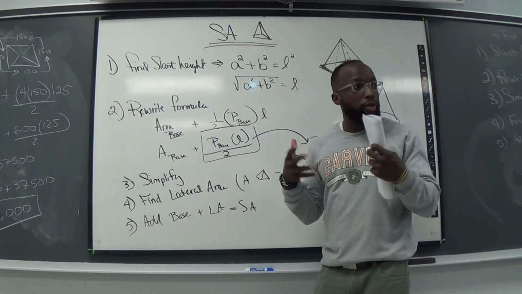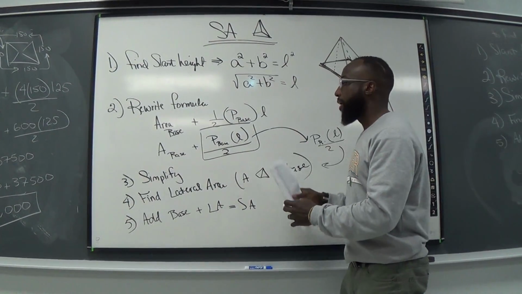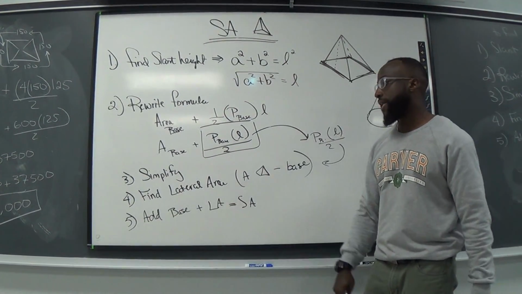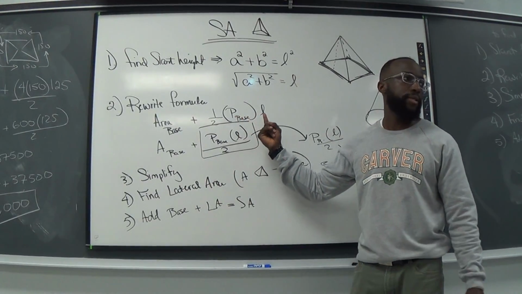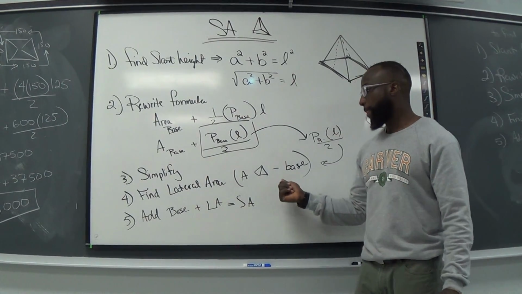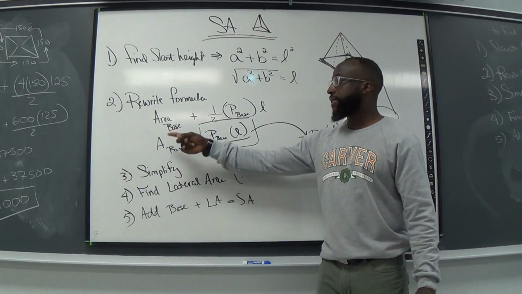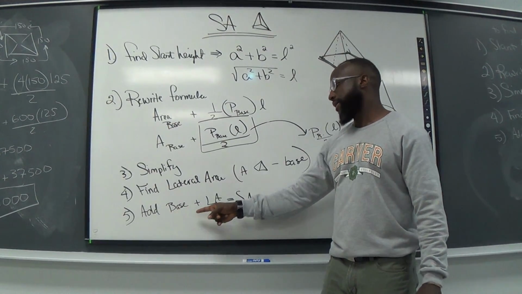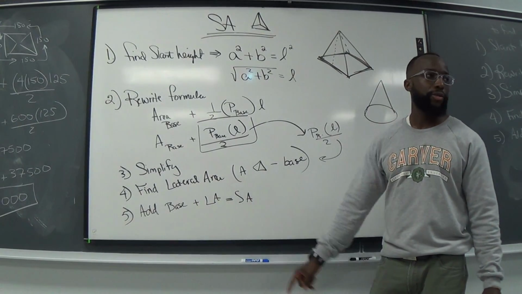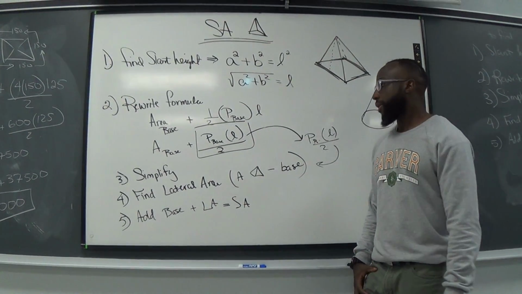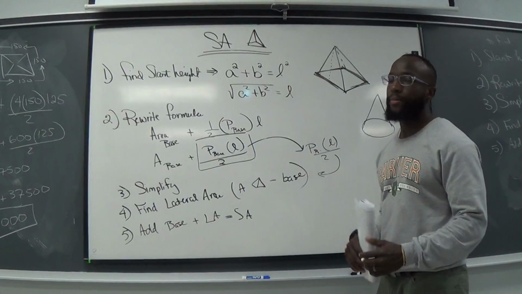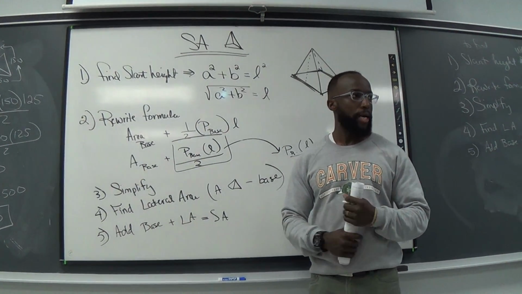From there, step 4, you find the lateral area, which is the perimeter times the slant height all over 2. Then finally you add the area of the base plus the lateral area, and that gives you the surface area of your pyramid. We all good with that?